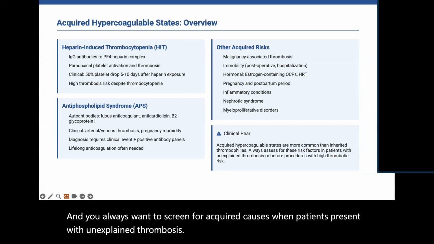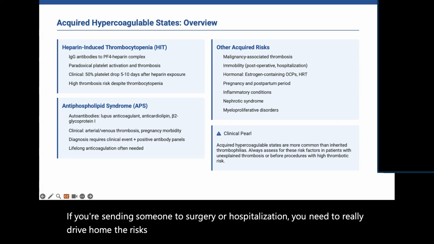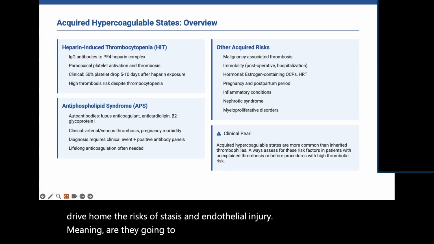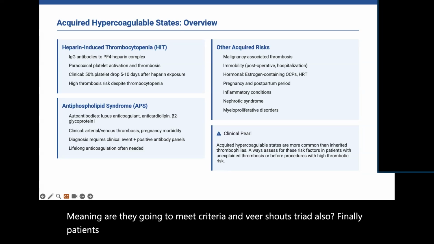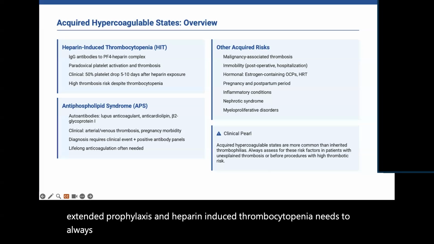If you're sending someone to surgery or hospitalization, you need to really drive home the risks of stasis and endothelial injury, meaning are they going to meet criteria in Virchow's triad? Also, finally, patients with malignancy or antiphospholipid syndrome may require extended prophylaxis. And heparin-induced thrombocytopenia needs to always be considered in patients with prior or recent heparin exposure.